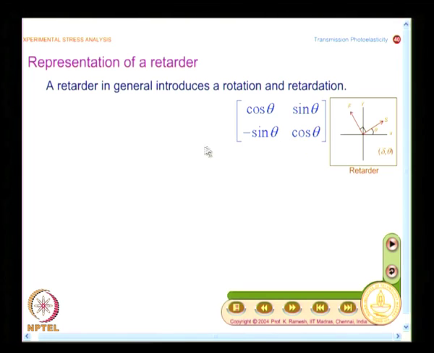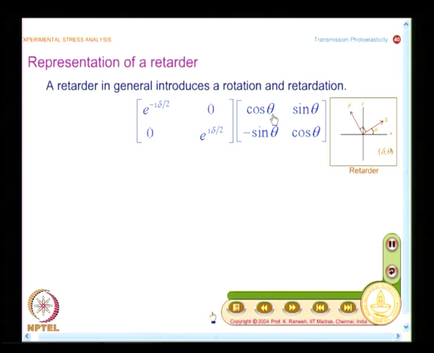Then within the model it acquires a retardation, and this retardation matrix and rotation matrix are interrelated, because I say theta refers to the slow axis. Because it refers to the slow axis, I put the retardation matrix in this fashion. I put e power minus i delta by 2.